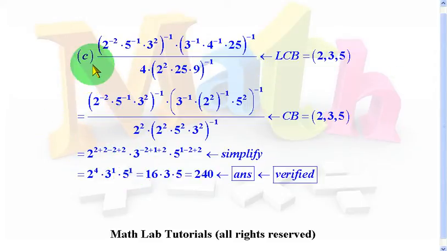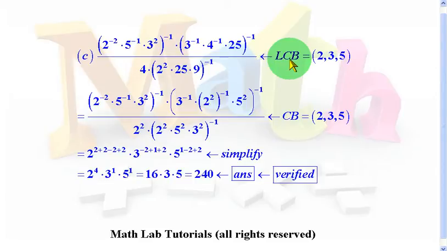Let's look at C here. Again, we have a single cluster because we see nothing but dots in the numerator and nothing but dots in the denominator. So clearly, single cluster. That means we can apply all the exponent laws. We just have to be careful, that's all. If we look at all the bases, we get a base 2 here, base 5, base 3, base 3, base 4, base 25, base 4, base 2, base 25, base 9.